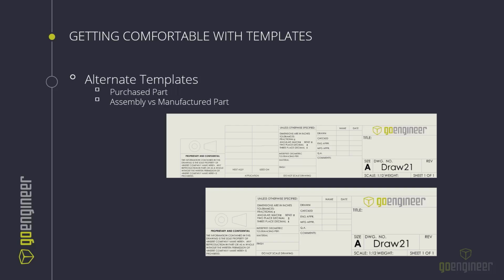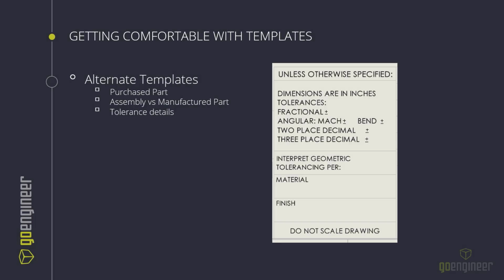Also, this was another one we had where you had a different drawing template for a part file versus an assembly file. Maybe you didn't want the spaces for your next assembly and where used on your part file drawing. You could have it scaled down to just the relevant information for a part file versus an assembly. Also, we've seen where you take off the tolerance block as a separate block.